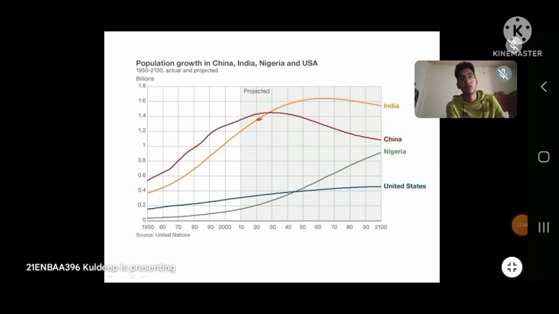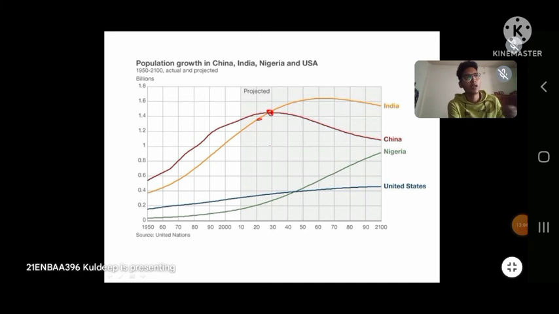But in the upcoming years, around 2028 or 2029, you can say 2030, India will surpass China in population. India will have more population, because the population of China has already started decreasing.